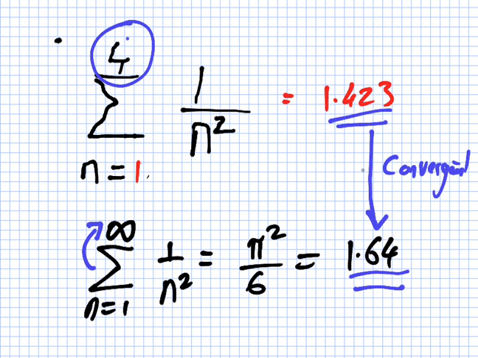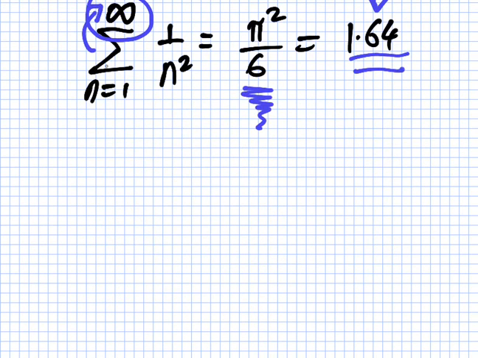Anyway, I'm just trying to make a point. Sometimes it's possible to know the final answer if you could continue forever. In fact, remember the one I gave you earlier, 1 over n factorial, you got 2.7.